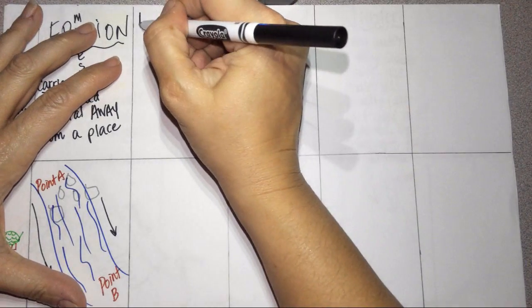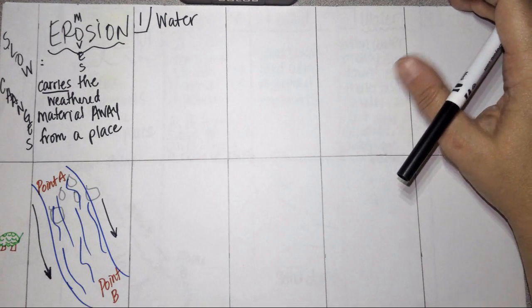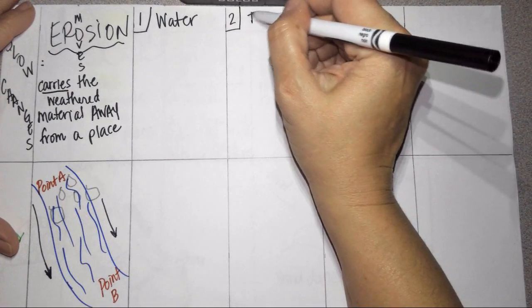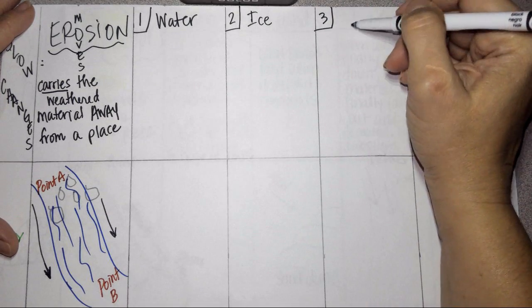So our first one. And what is water again? I thought I heard somebody say agent. An agent of slow changes. Good. The next one is ice. And then we've got wind.